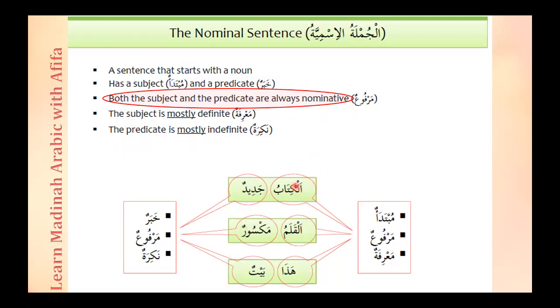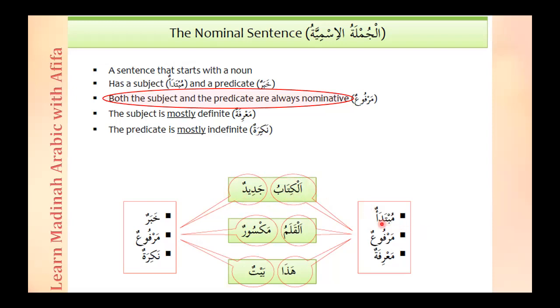Let's take some examples. Please translate this. If I tell you jadid means new, please try to translate this sentence: Al-kitabu jadidun. What does that mean? The book is new. So what is al-kitabu?